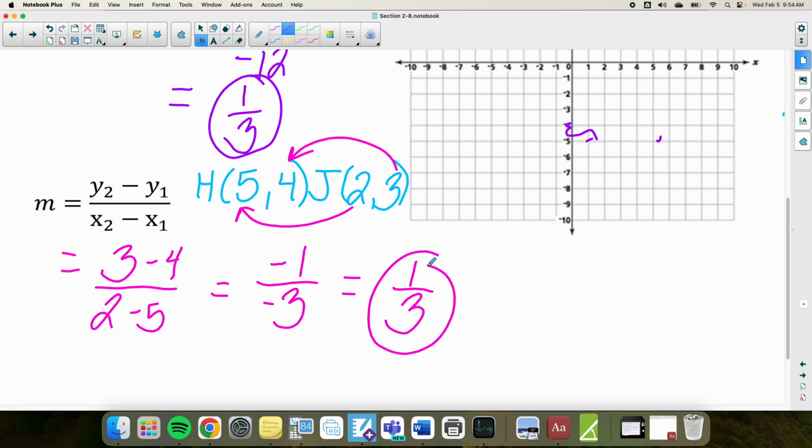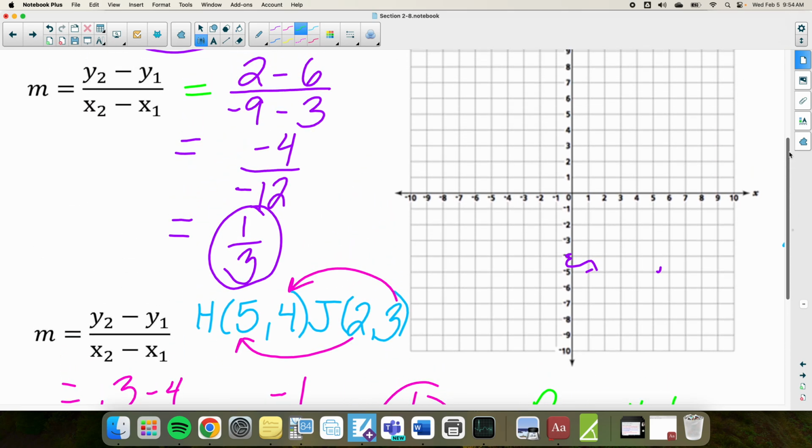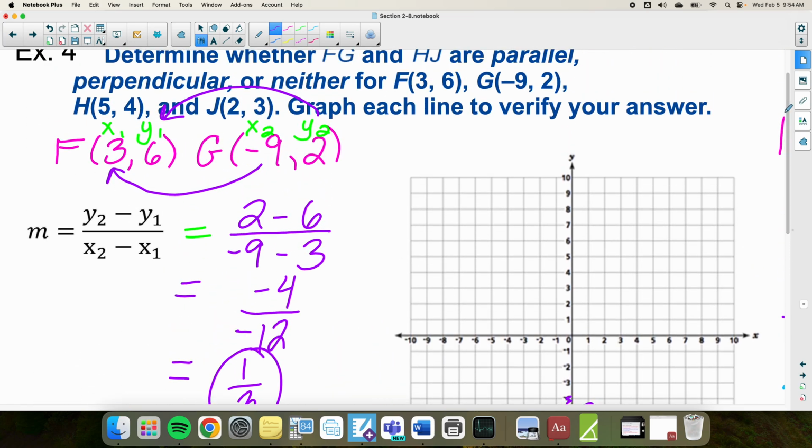Now, do you notice how these two are the same? That would mean they're what? Parallel. So that is part of your answer. And then what they want you to do is plot those points and draw the two lines and make sure that they look parallel. So we're gonna go back and plot F and G. So I'm gonna go over 3 up 6.